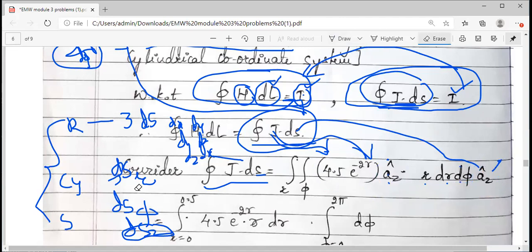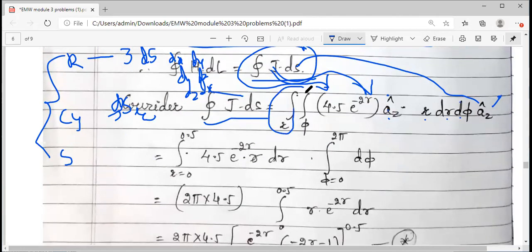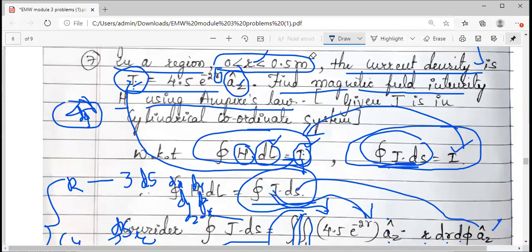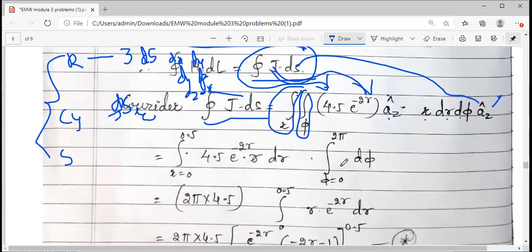Now taking the dot product, again there are 2 integrals here, one for r and one for phi. I think r range is given in the question. See, 0 to 0.5 is the range given for r. But what about phi? Again, for Ampere's law, we have to consider a circular path. So phi by default will become 0 to 2 pi. See, 0 to 2 pi.